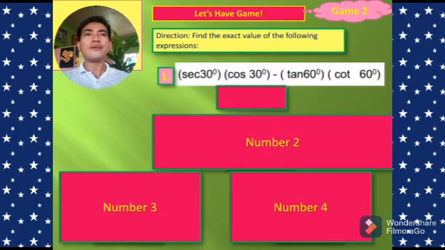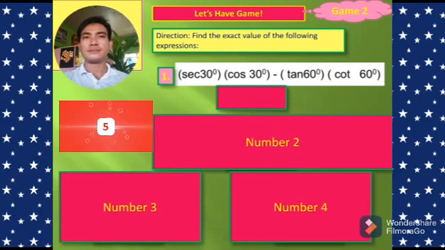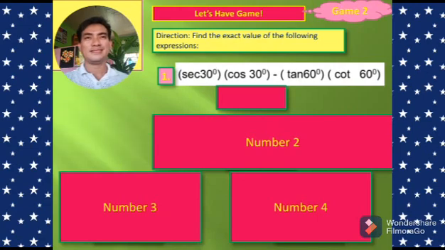Secant 30 degrees times cosine 30 degrees minus tangent 60 degrees times cotangent 60 degrees. Go. And the final answer is 0. That's correct. Okay, let's proceed to number 2.